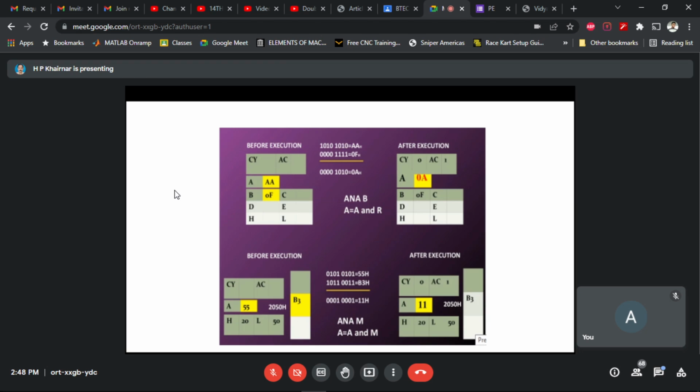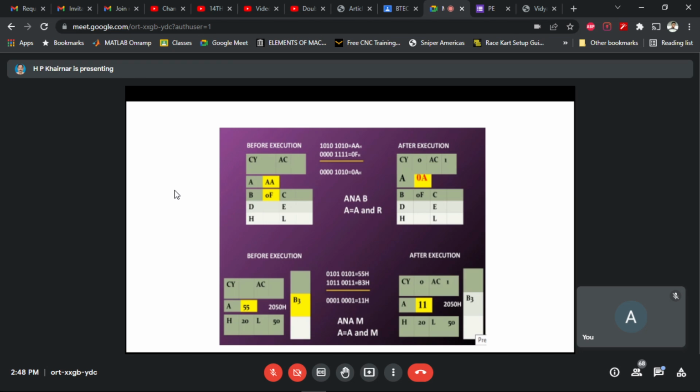That 0A will remain in the accumulator. Then you can access the accumulator to see the output. Then a similar thing is there, that is before execution. Say memory location 2050 they have taken, and the accumulator is containing 55.